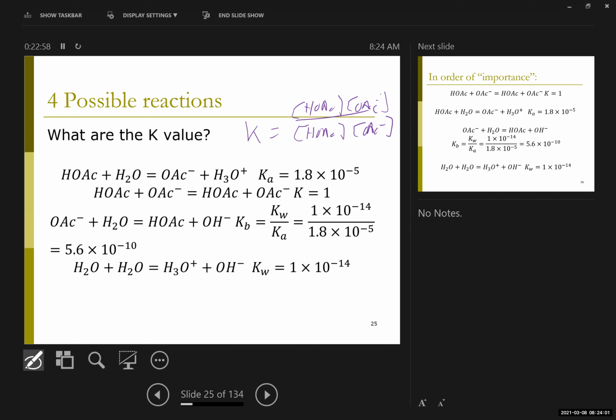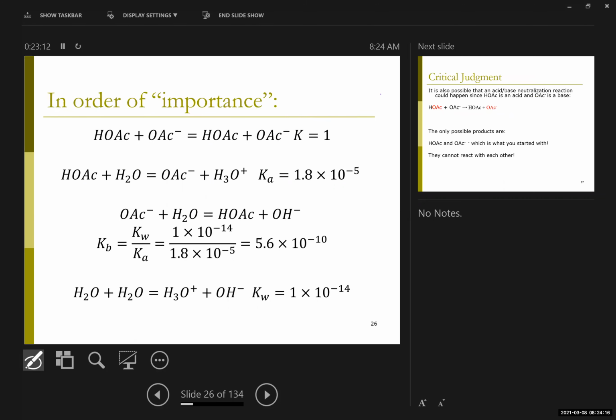So in fact, even though technically they were in the products and the reactant side, they have to be the same concentration. It technically has an equilibrium constant of 1. And so if I were to rank them in order of importance by K, that has the biggest K. My Ka reaction of acetic acid has the second biggest K. As is usually the case, there's good old Kw at the back of the line with the smallest K.